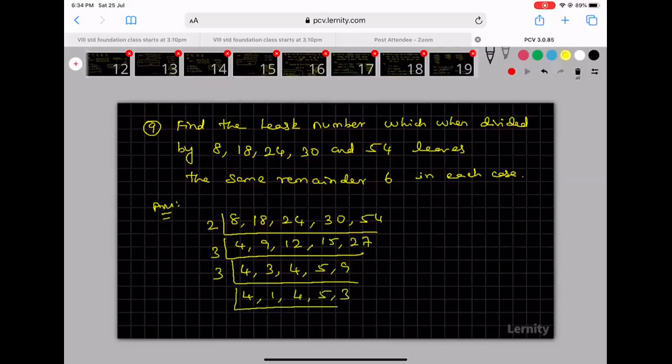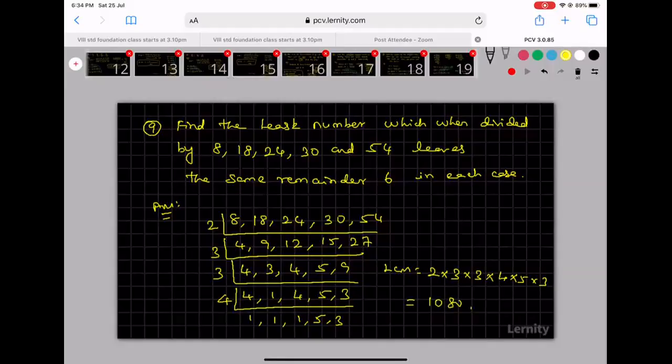Now I am dividing with 4, and I will get 1, 1, 1, 5, 3. Therefore the LCM is equal to 2 into 3 into 3 into 4 into 5 into 3. So the LCM is equal to 1080.